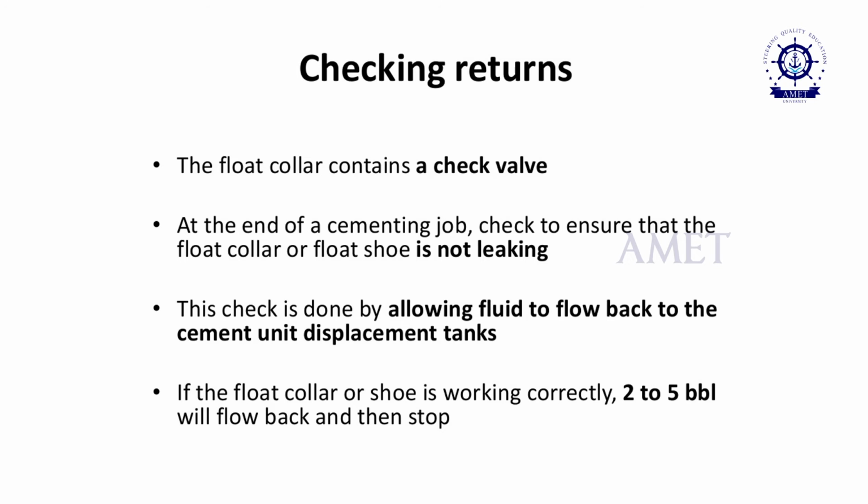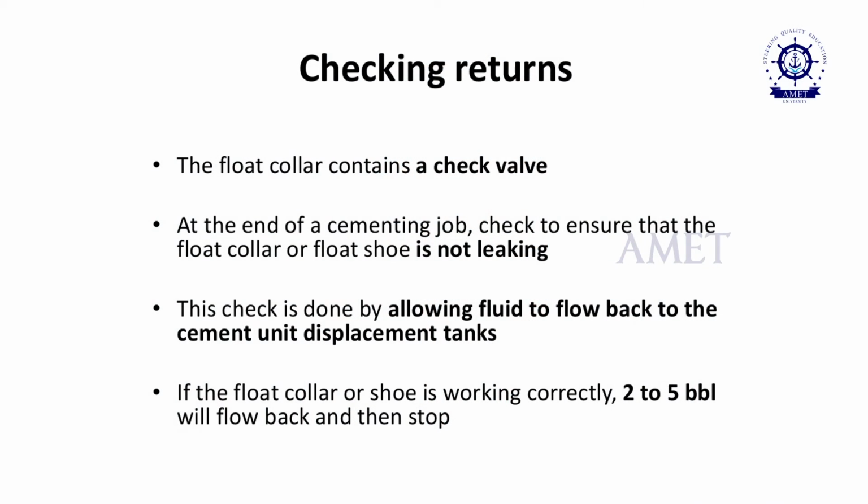So in the floating collar there will be a flow back valve. That valve will control whatever flow of the cementing is going to return. Again we have to see with the help of some sensors whether the cementing is coming back or not, which means whether the valve is working or not. How do we know?